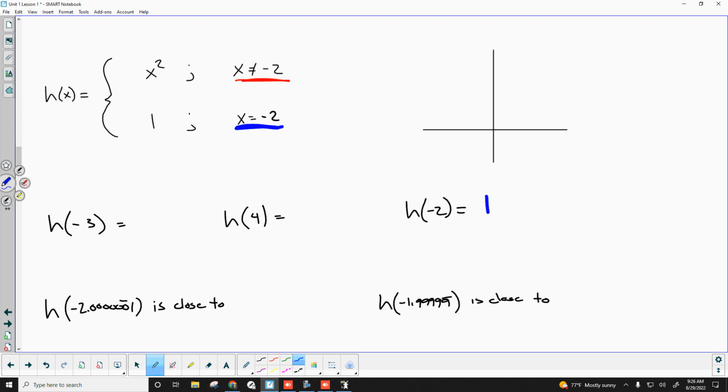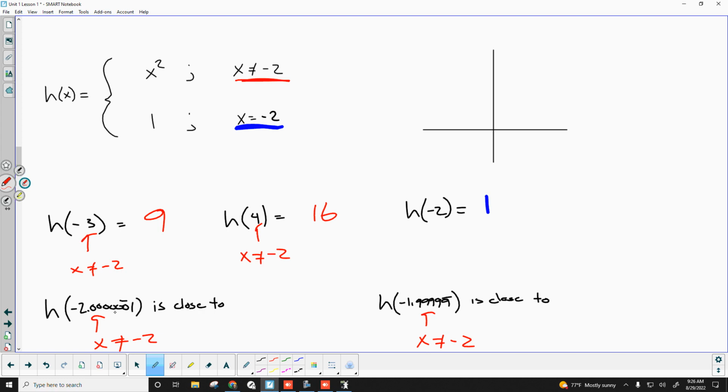If we are not equal to -2, that guy, this guy, and this guy are not equal to -2. Since these are not equal to -2, we have to use the top one, the x squared. So x squared, a negative squared is a positive, 9. X squared, 16.